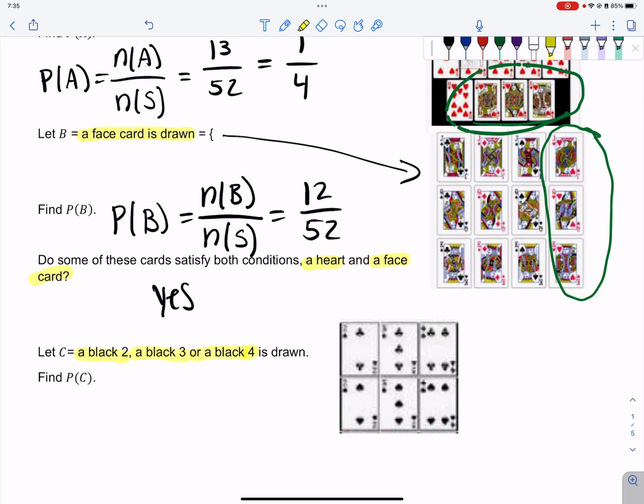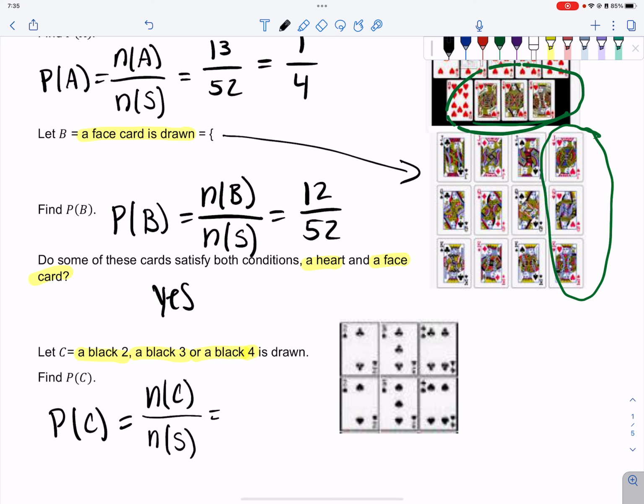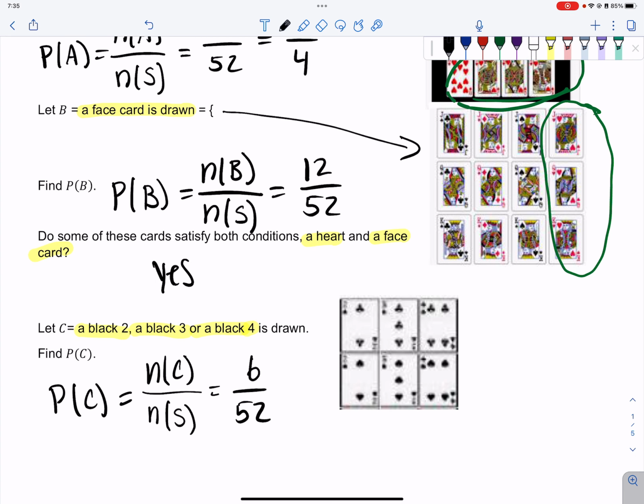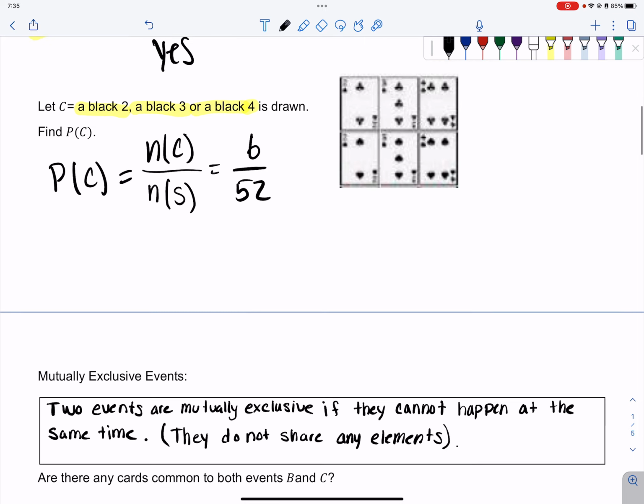So now our probability of event C happening, well, the number of elements in C over the number of elements in our sample space. There are 6 different cards in this event out of the 52 cards in the deck. So now that's our setup for the 3 events we're going to use for the problems on the next page.